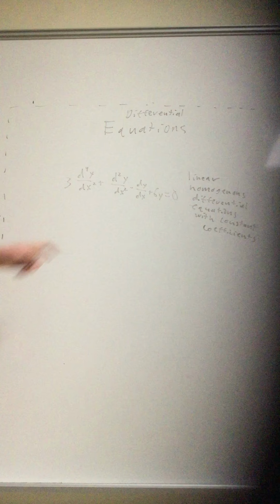Now, typically when we have a differential equation, it is modeling some sort of real-world situation. This one is called the exponential model. It typically happens if you have bacteria, and the more bacteria there are, the quicker they divide, so their rate is proportional to their actual amount.